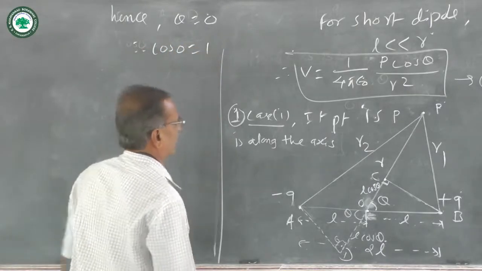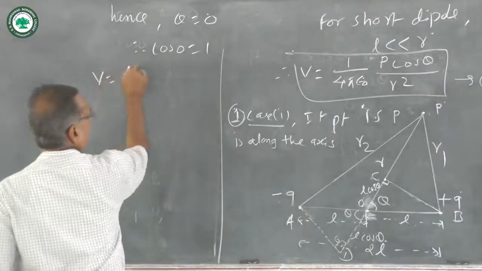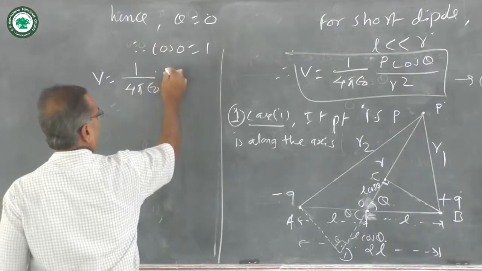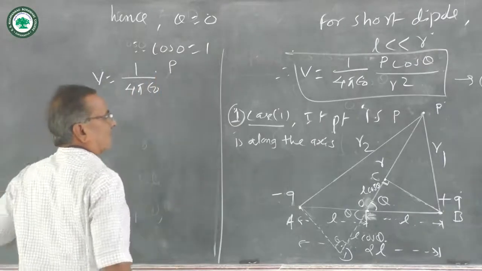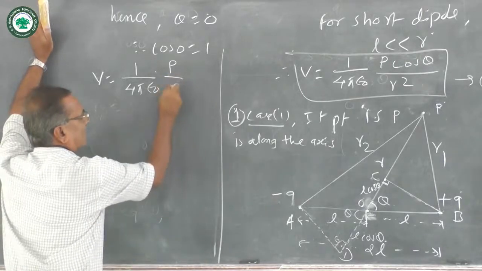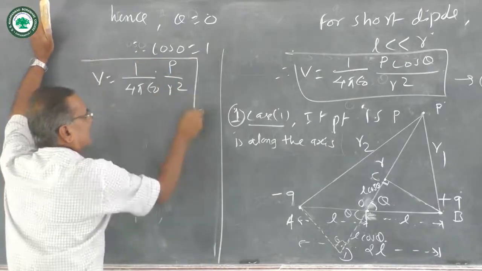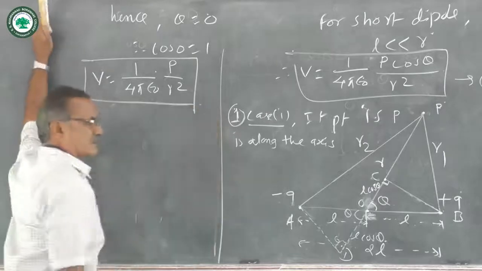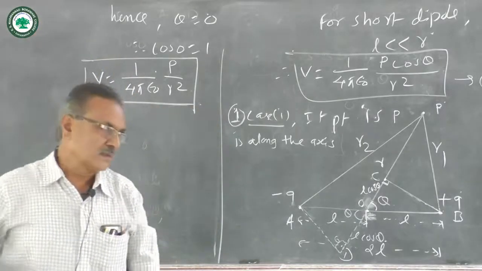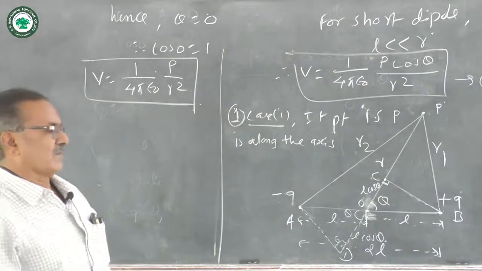From equation 3 we can write the electric potential equals 1 by 4 pi epsilon naught into P by r square. Now this is the electric potential along the axis of the dipole.